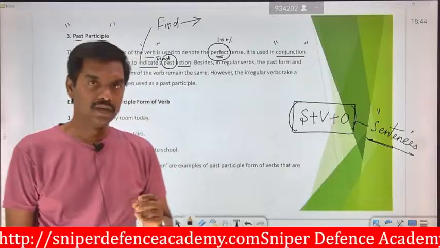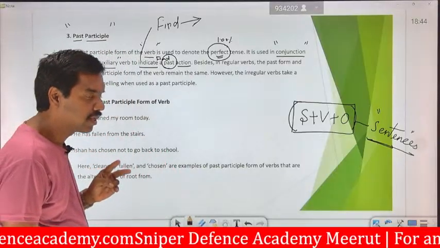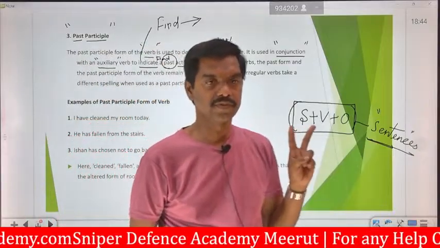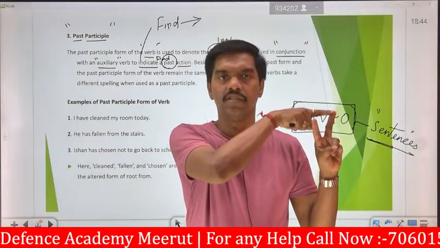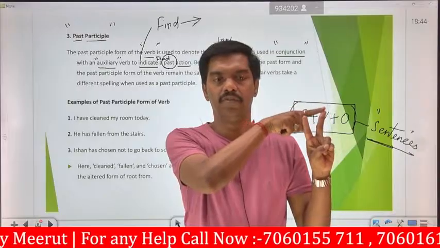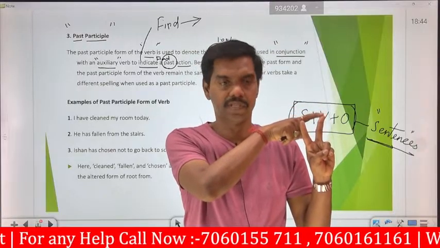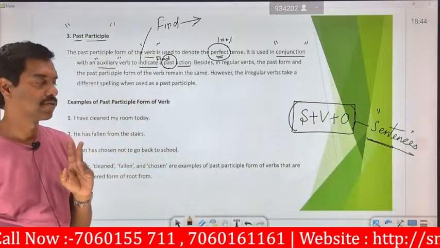How can we say that? Generally, we know that there are two types of verbs: one is regular, one is irregular. These are the two types of verbs available, which we saw in the previous class. So what does the regular verb say?